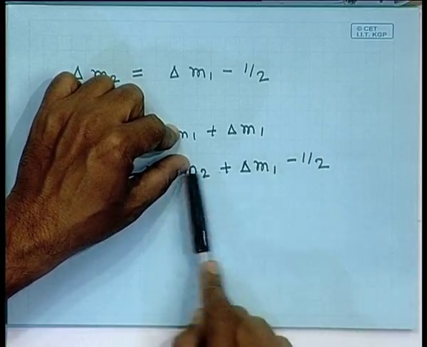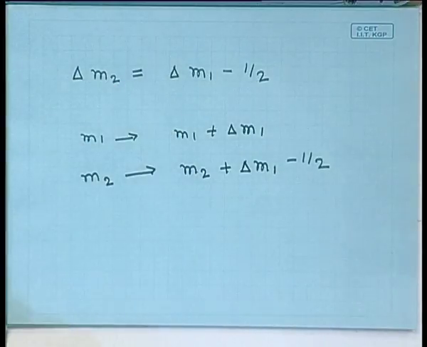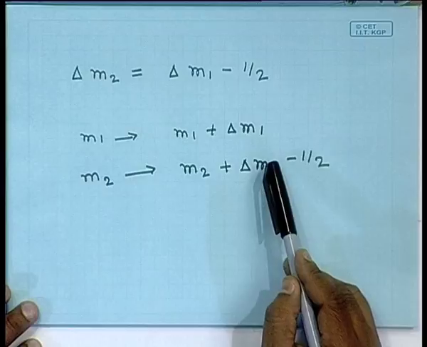So, when I have a half integer multiple of lambda, I get a bright ring, that is what we had seen earlier. So, if this is dark, this is going to be bright.